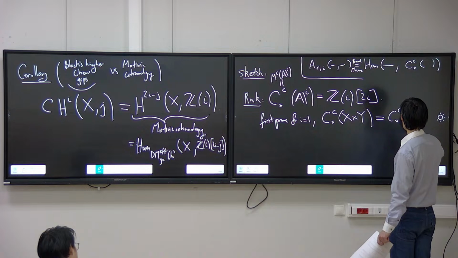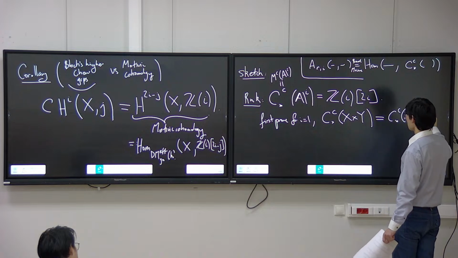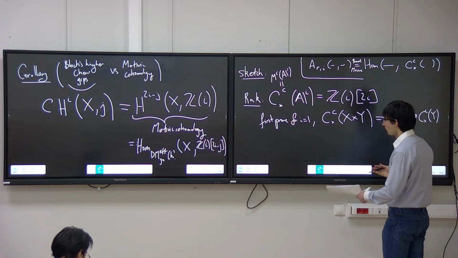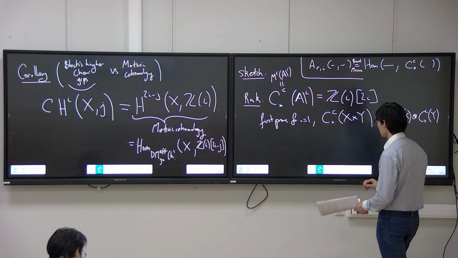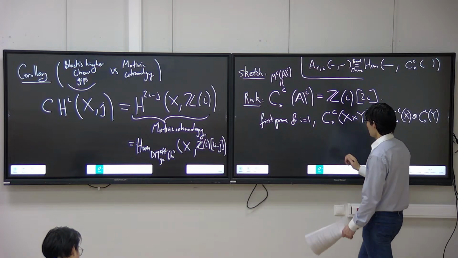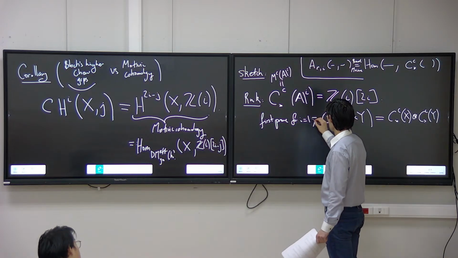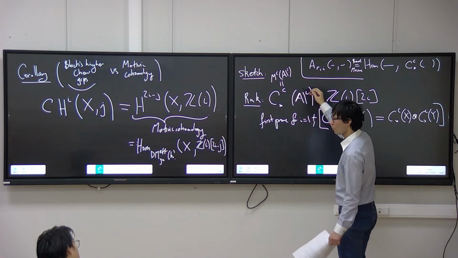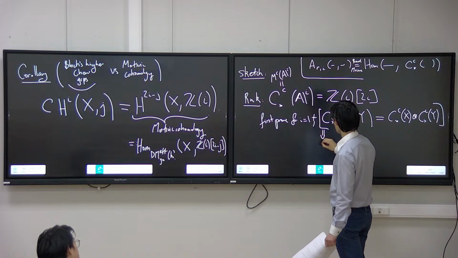Every functor that you have is a tensor functor, which was already verified in the embedding theorem in some sense. So first prove for I equals 1, then plus this fact here, it gives the result for all AI.